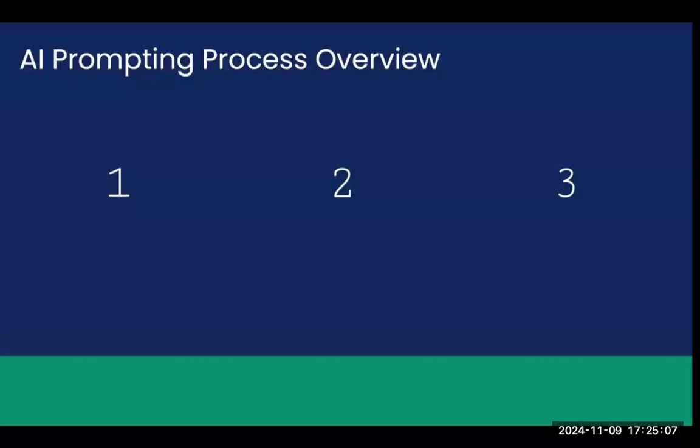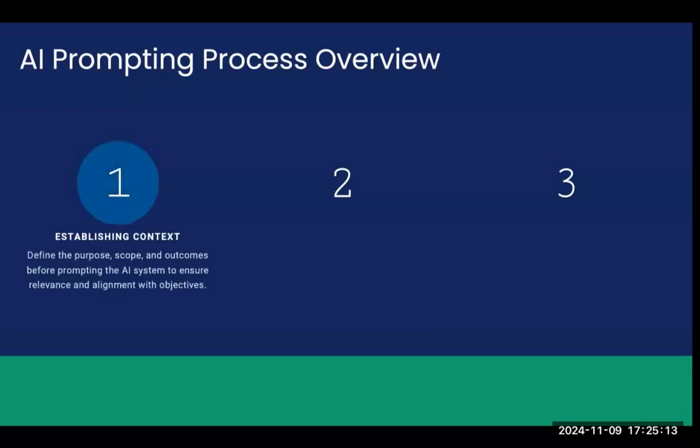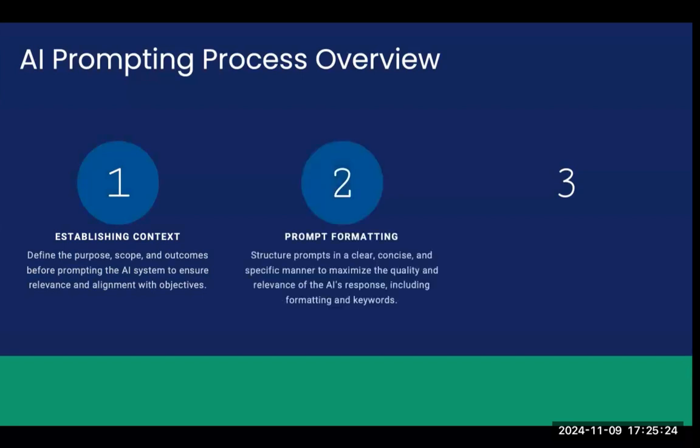So we have developed a structured approach to AI prompting that includes establishing context so that we can clearly define the purpose and outcomes. And we also have prompt formatting techniques so that we can achieve optimal results.